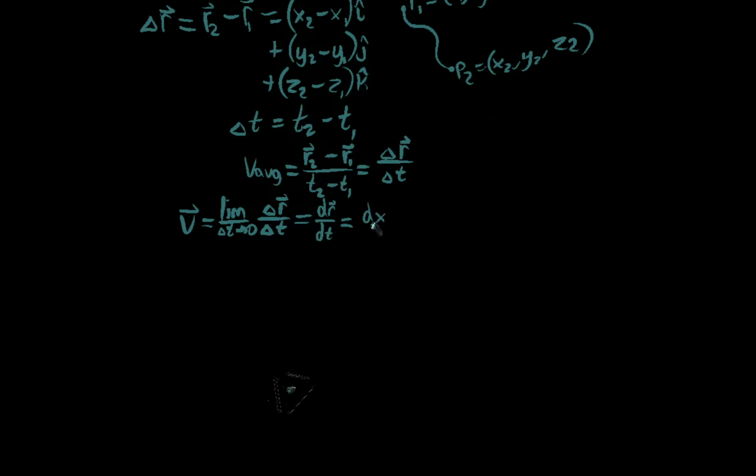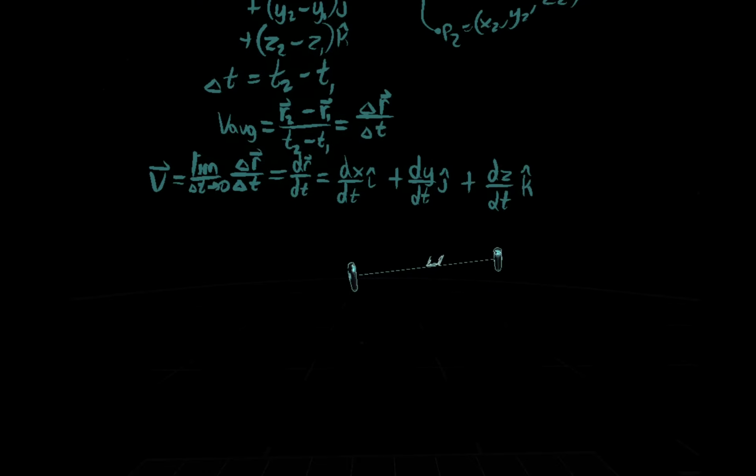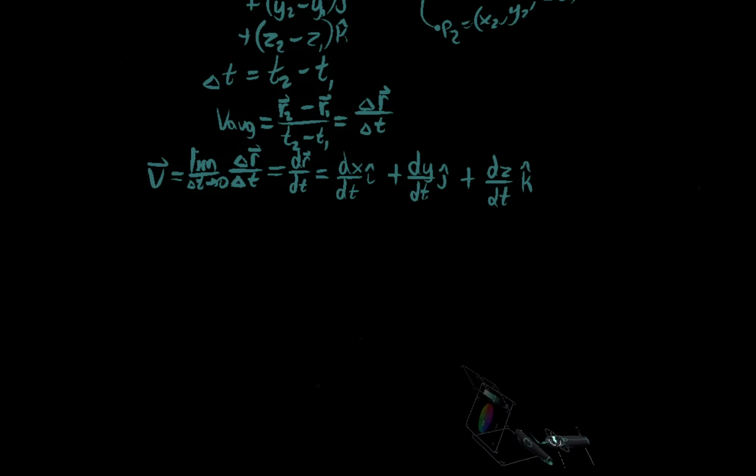So dx dt i hat plus dy dt j hat plus dz dt k hat. So if we had values for x, y, and z, we could take the time derivative and find out velocity in each component specifically, and the total velocity vector given an ijk component form.